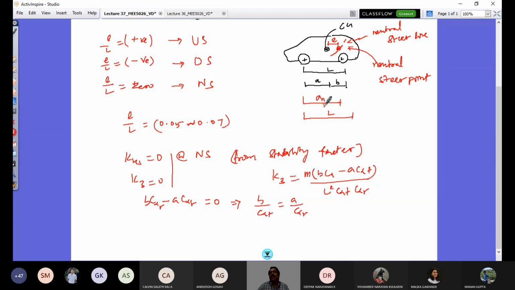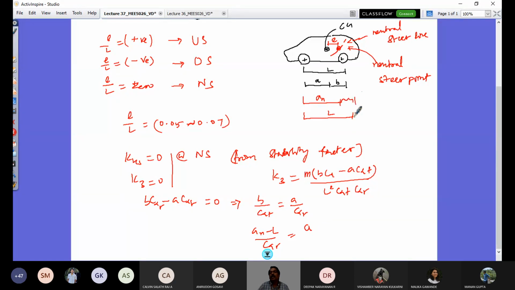It is AN. So B is AN minus L, to get what this AN is. So AN minus L by C alpha R is equal to A by, sorry, AN. B is this distance.